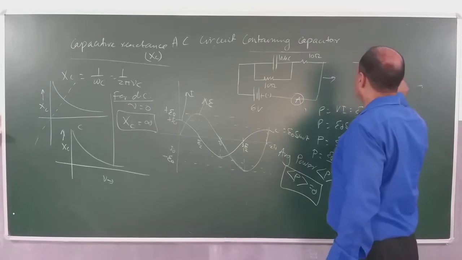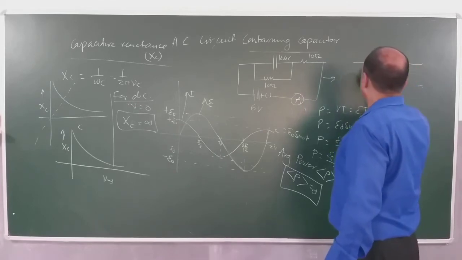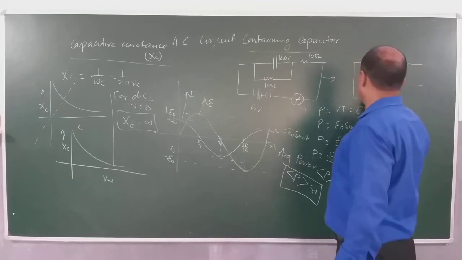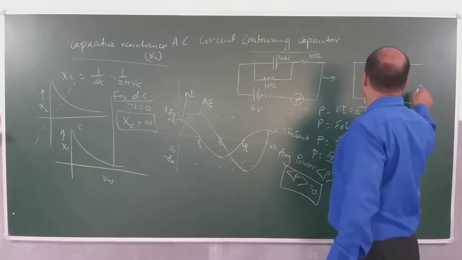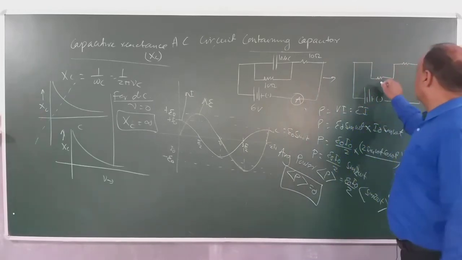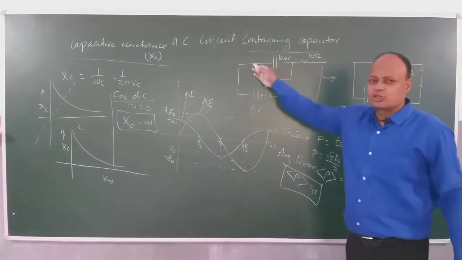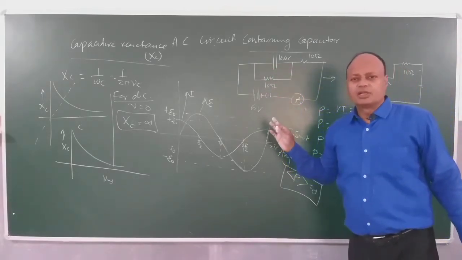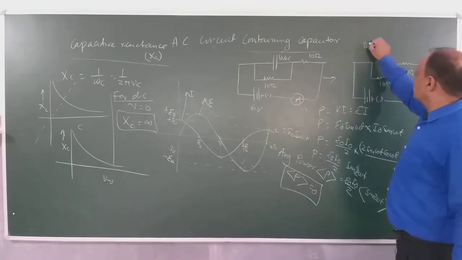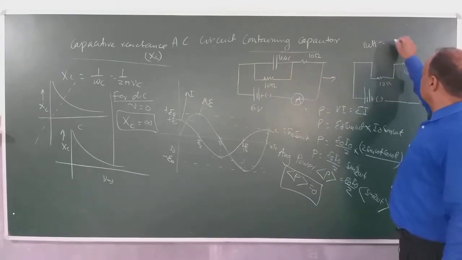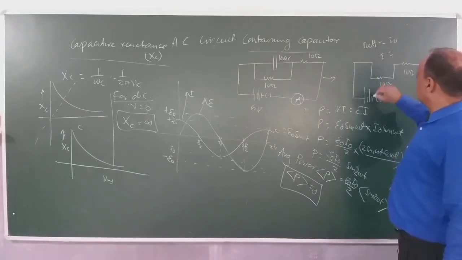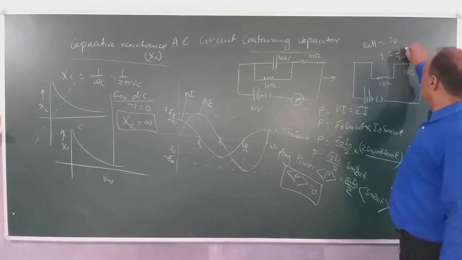Here 10 ohm, 10 ohm, here the DC source, and this is the circuit. 10 ohm, 10 ohm. Simple circuit. The capacitor branch is switched off, it is not working. So you can see here that the effective resistance, these two being in series, is 20 ohm and the current will be 6 by 20, 0.3 ampere.